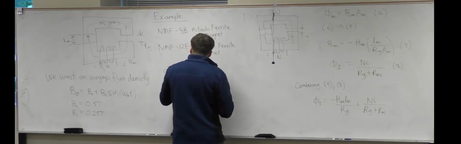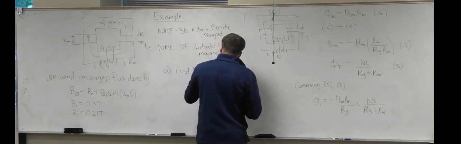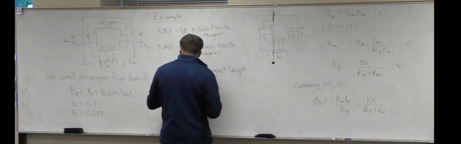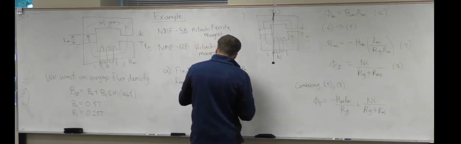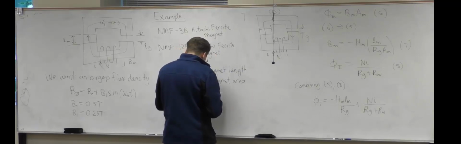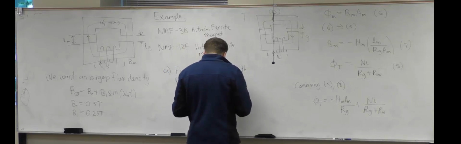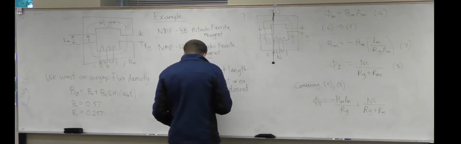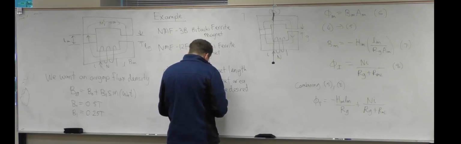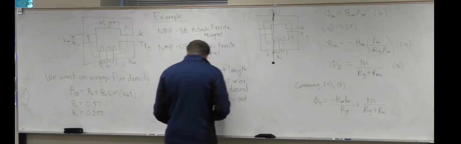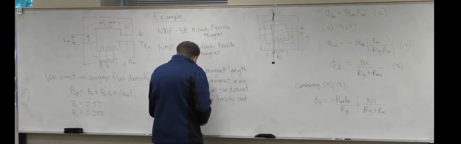Find the magnet length Lm and the magnet area Am that gives the desired DC air gap flux density and minimizes the magnet volume.